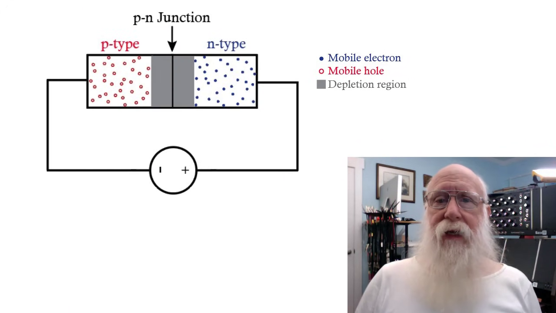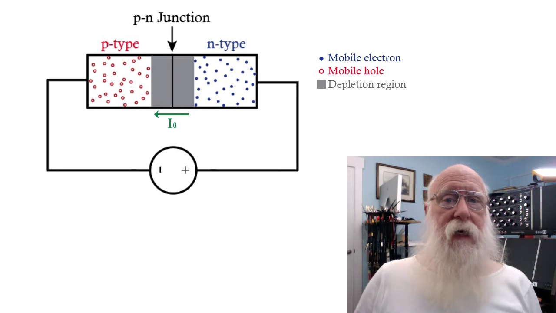In a reverse biased semiconductor junction, unless something dramatic happens, and we'll talk about that in just a minute, there is only a very tiny current flowing through the junction. This is called the reverse saturation current. This current is almost entirely due to thermal effects.